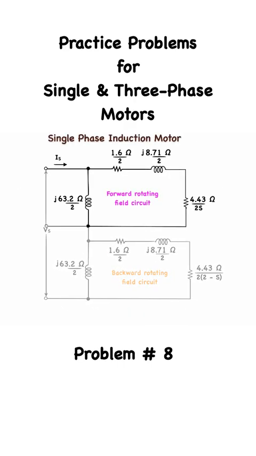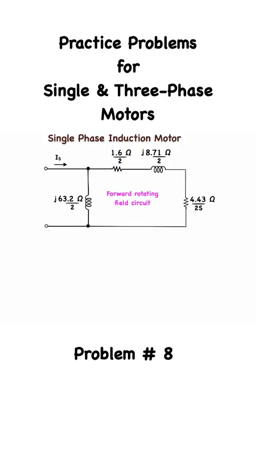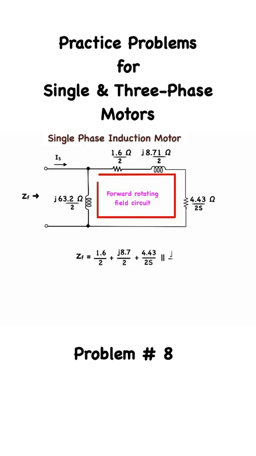In order to find the impedance of the forward equivalent circuit, we only need to concentrate on that circuit, which is made up of 3 impedances in series which are in parallel with 1 reactance. The forward impedance, ZF, is equal to 1.6 divided by 2 plus J 8.7 divided by 2 plus 4.43 divided by 2S, which is in parallel with J 63.2 divided by 2.